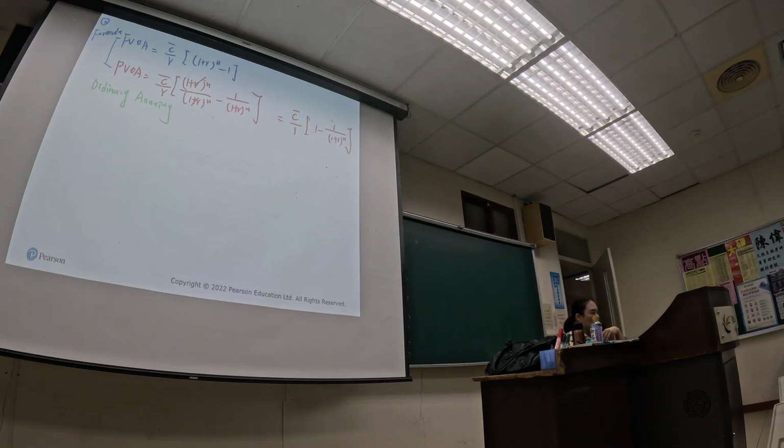Ordinary annuity means that the first payment occurs at the end of first period. Okay, remember these two formulas.